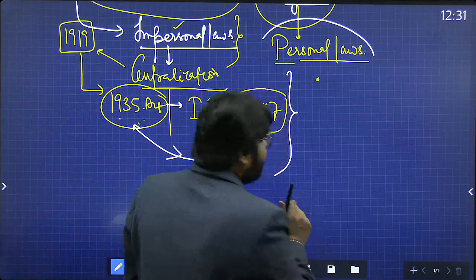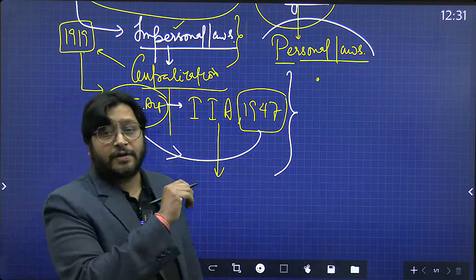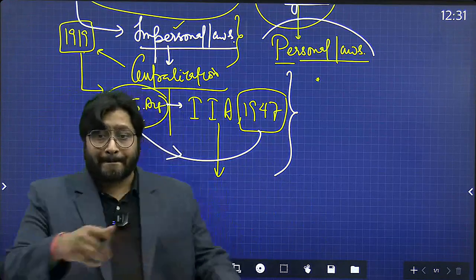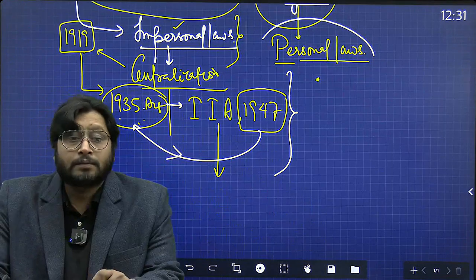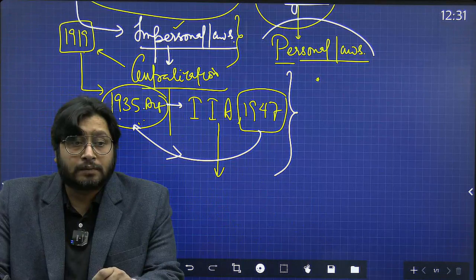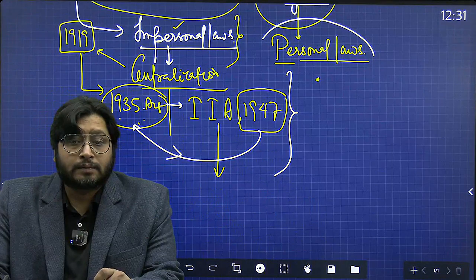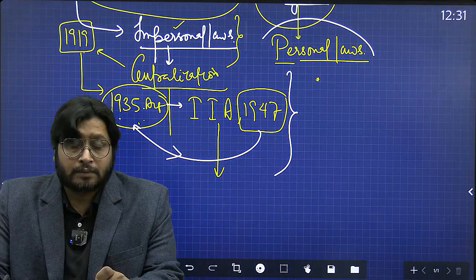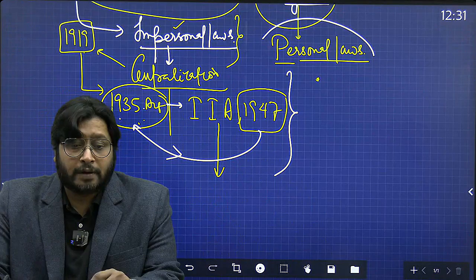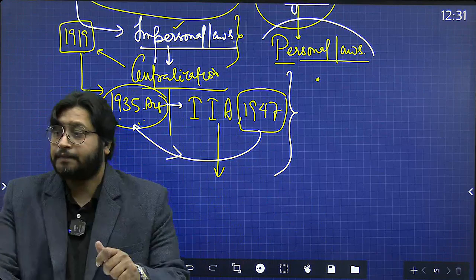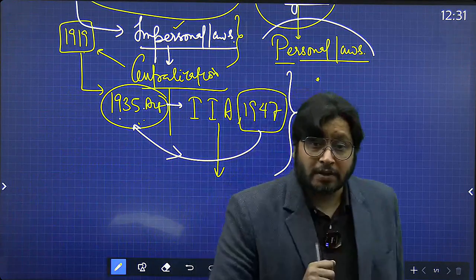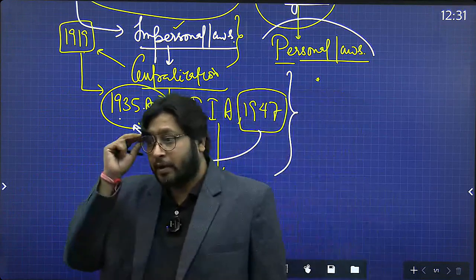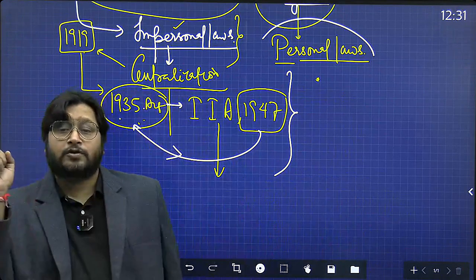So why was the date of 26 January chosen? Maybe... the Lahore Session of 1929-30, which session was that, where we had accepted Poorna Swaraj, or we had talked about creating an independent constitution of India, right?